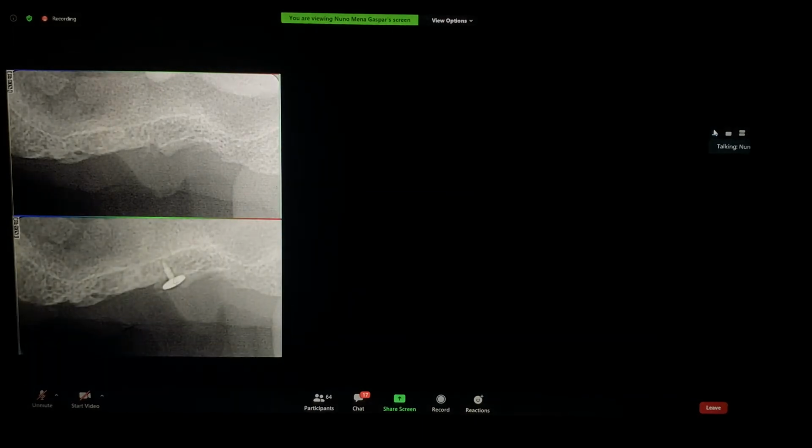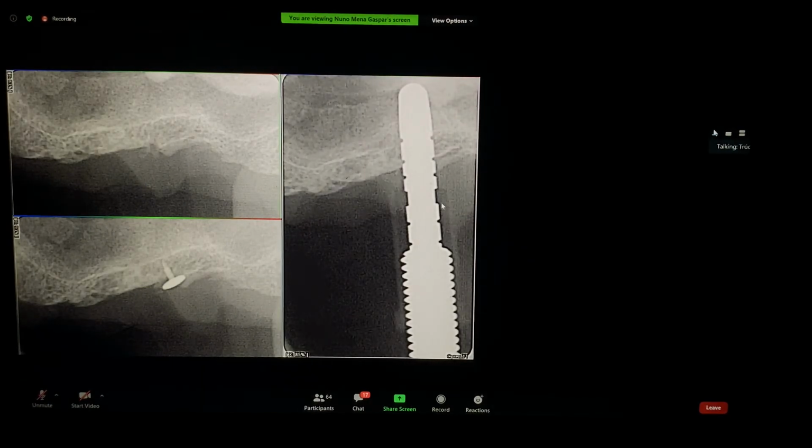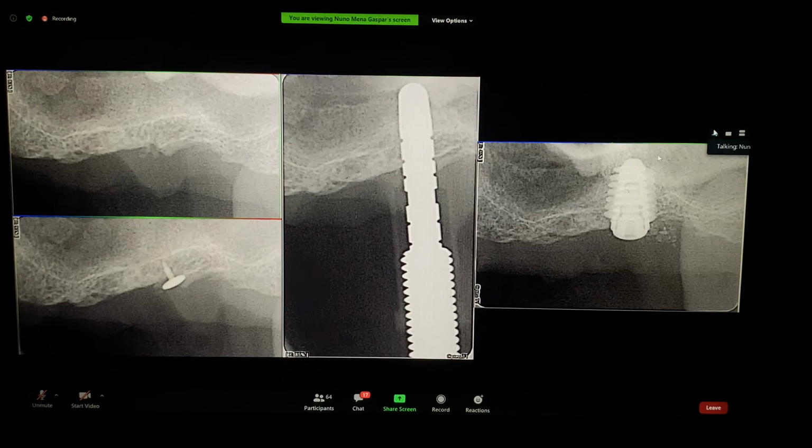I used a 3 millimeter tack just to know where I was, then the Summers osteotome to do sinus elevation. Again, this is an 8.5 by 5 Anyridge.